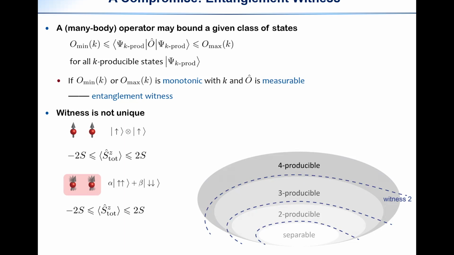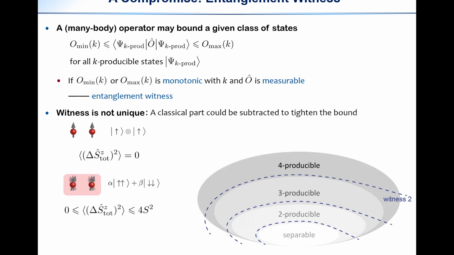But if you subtract off the classical component and measure the fluctuation of the total spin, you will find the classical fluctuation goes to zero. So apparently it's classical. And for a spin singlet state, the total spin squared deviation is bounded by 4S squared.